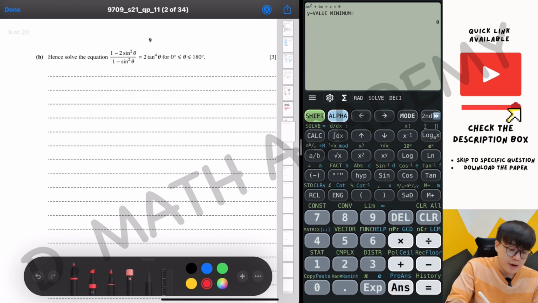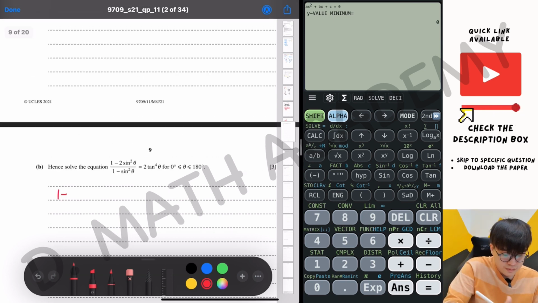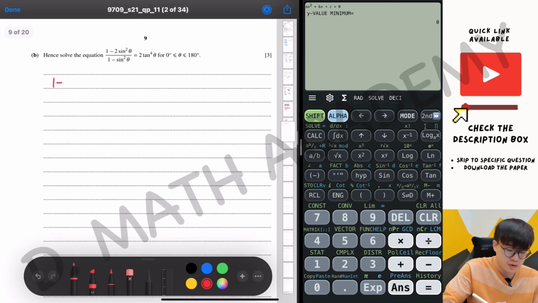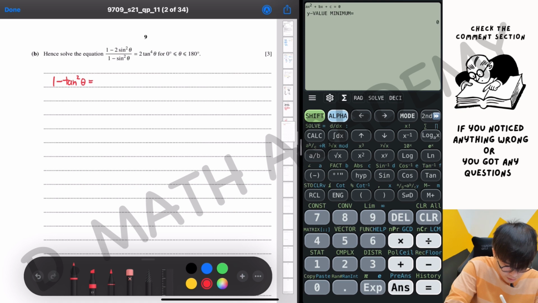So by transferring the information from part 1 down, okay, we noticed that it was 1 minus tangent square theta equals to 2 tangent 4 theta. Okay, so to make your life easier, I will be setting tangent square theta as y.